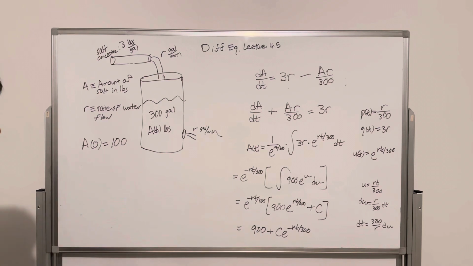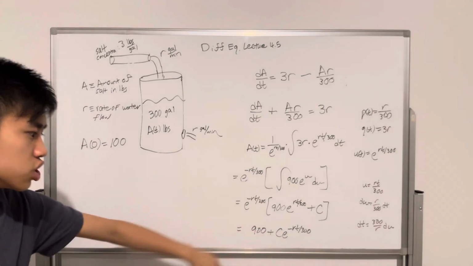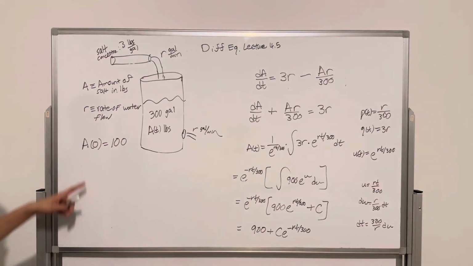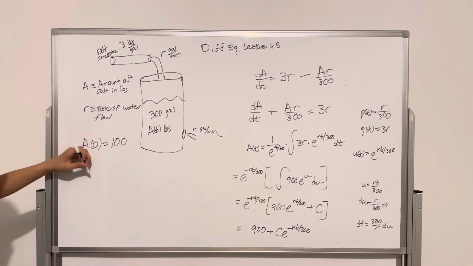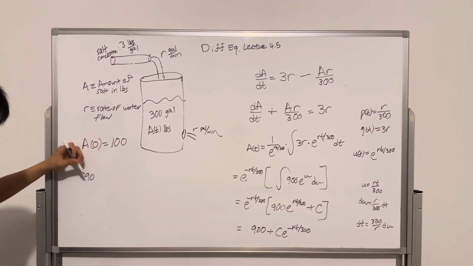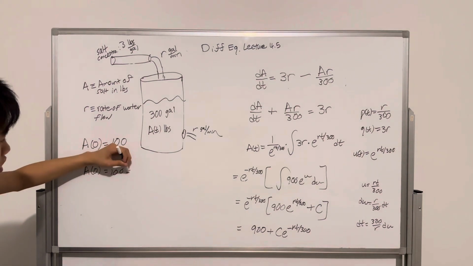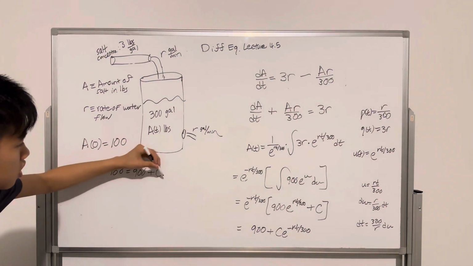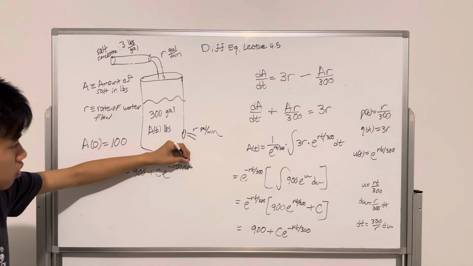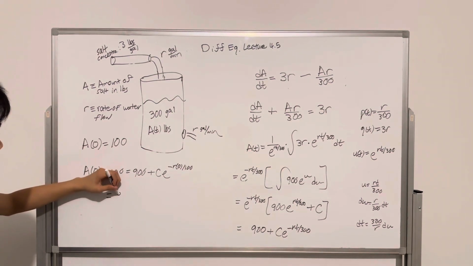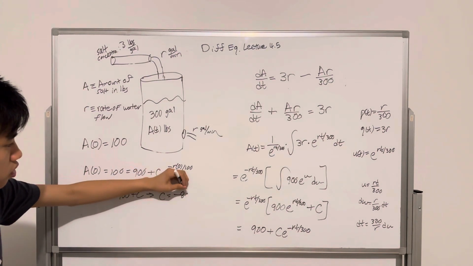Then how would we find a specific solution from this general solution? Well, we can just plug 0 in. So A of 0 equals 100 equals 900 plus c e to the negative r times 0 over 300. So that would be 900 plus c, which would mean c is equal to negative 800.